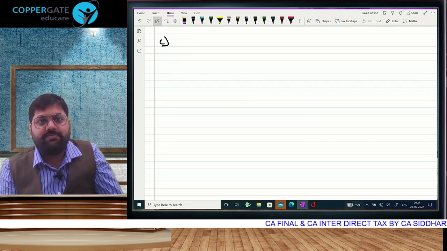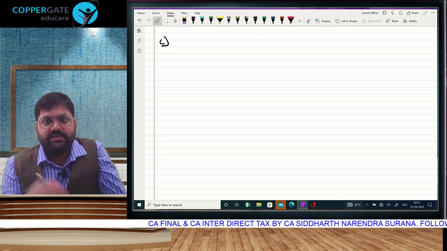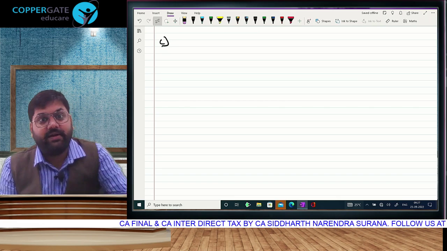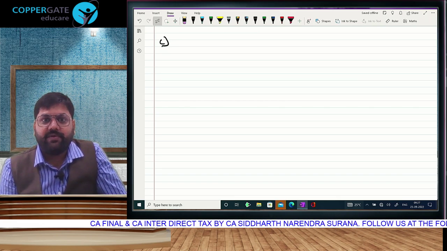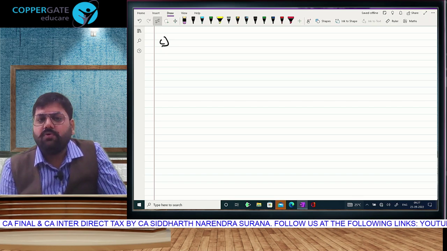Resident individual income up to 5 lakhs. Actual tax or 12,500, whichever is lower. Second concept, surcharge. Residential status and nature of assessee irrelevant. Just income ka figure you have to check and equal to nahi greater you have to check. 10, 15, 25, 37. 25 and 37 is not applicable in certain cases. And then marginal relief also.